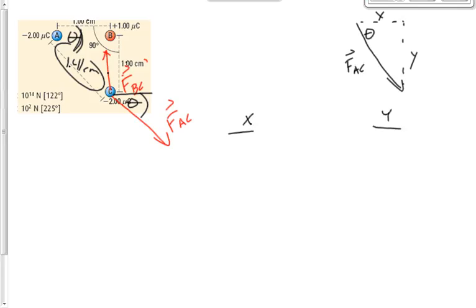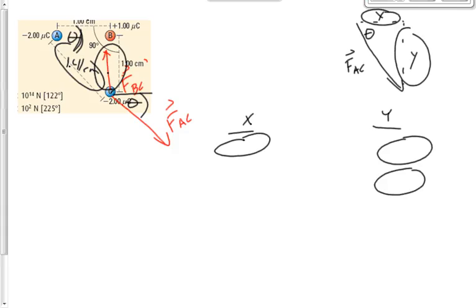We break it up into x's and y's, so we've got a y component for this one, and an x and a y for this one. Get the total x, get the total y, and then add them up. But not the old grade 1 way of adding. Rather, take the total x and the total y, and get the hypotenuse. Does that make sense?